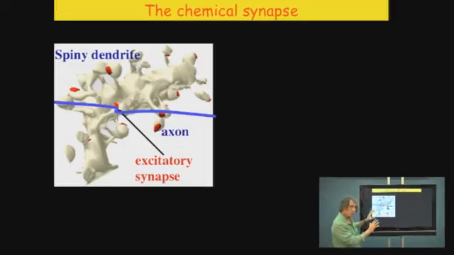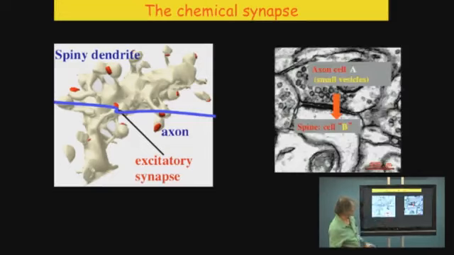I can tell you now, we'll talk a little bit more about this later, that this specific connection between the axon and the spine is typically of the excitatory type. Usually, this axon tries to excite the postsynaptic dendrite and the postsynaptic cell.